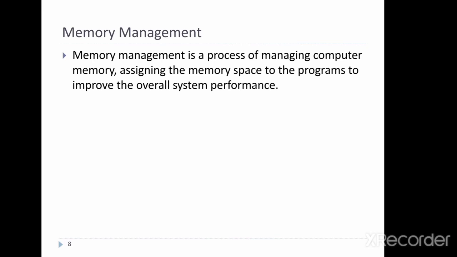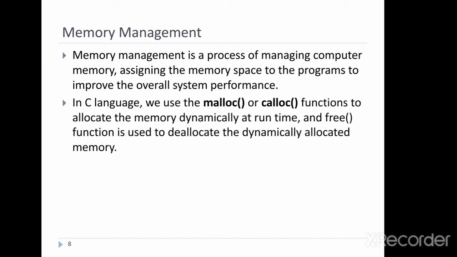So next one is the memory management. So it is important. Memory management is a process of managing computer memory, assigning memory space to the program to improve the overall system performance. C++ defines 2 unary operators, new and delete, to perform the task of allocating memory dynamically at runtime and freeing memory.